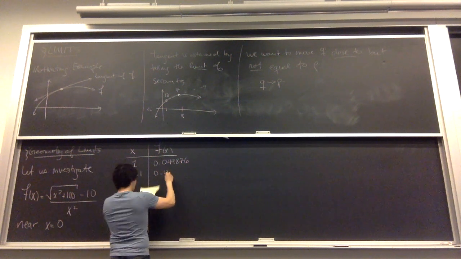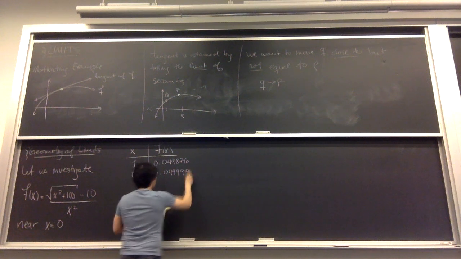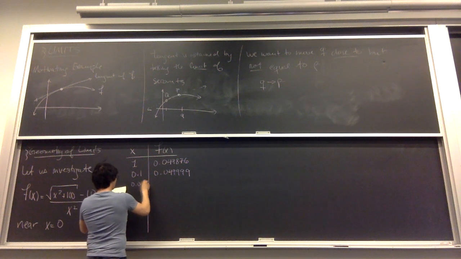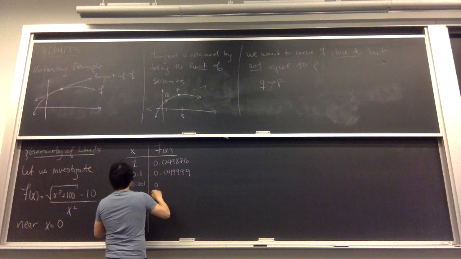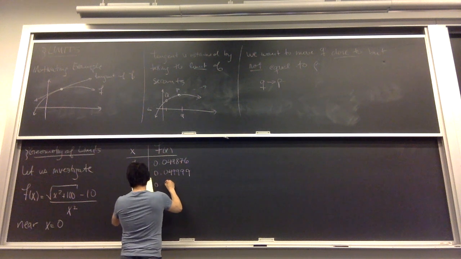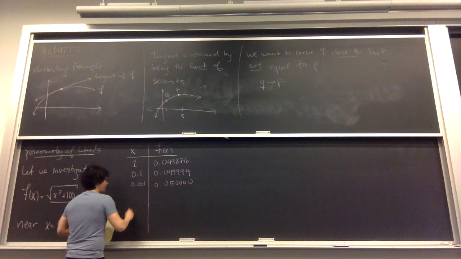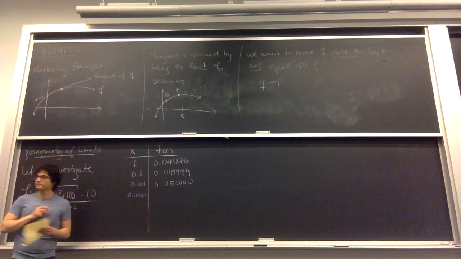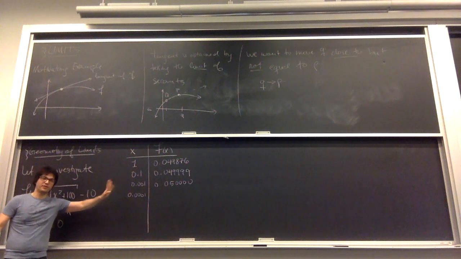This is 0.049999. 0.001. That's going to be 0.050000. And now 0.0001. Can anyone evaluate this at this number? 3 zeros, then a 1.